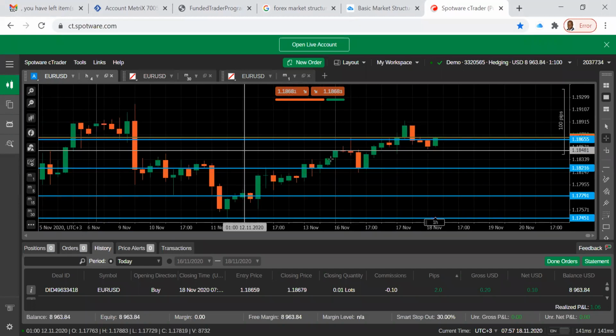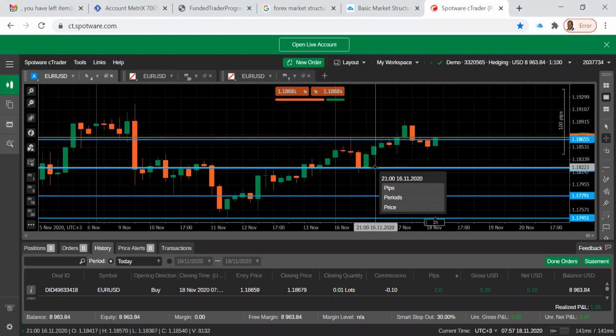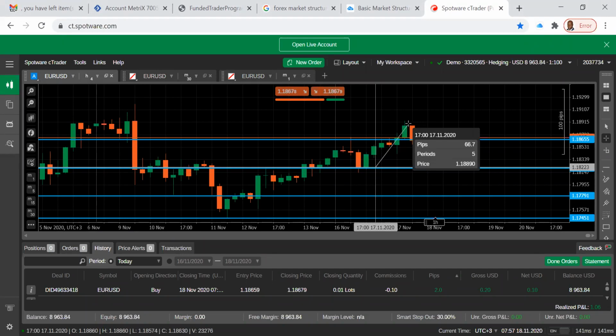To come from here to, let's say, the top high there, that's 67 pips or 60 pips. Now 60 pips. If somebody wants to take 2 pips out of 60, that's okay. It's insignificant. It's not a big deal.